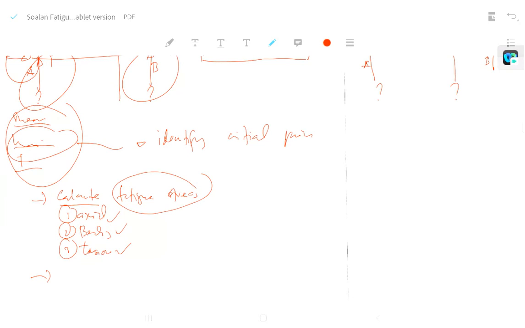So you just directly combine the stress. You have calculated the axial, bending, and torsion, then proceed to the equivalent stresses.